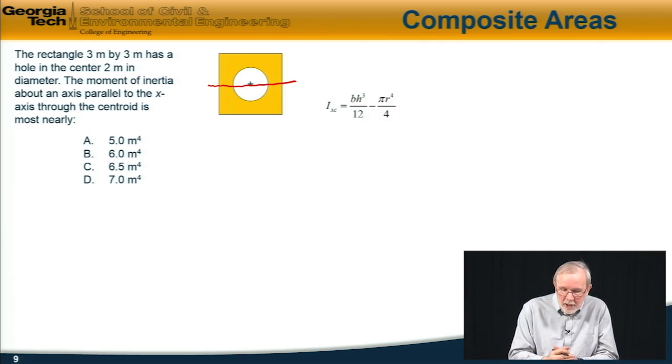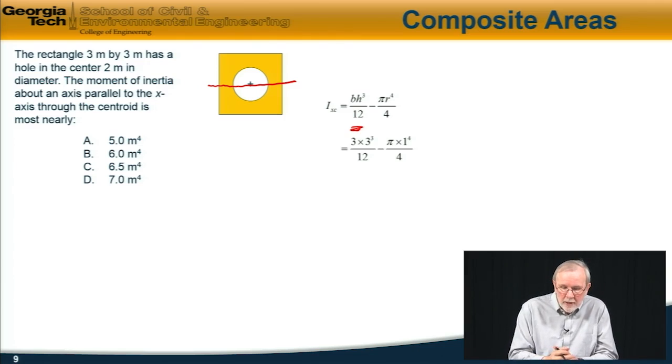So here's our formula. The moment of inertia is equal to the moment of inertia of the rectangle minus the moment of inertia of the hole, which is a circle. The moment of inertia of the rectangle about its centroid is b h cubed over 12. And the moment of inertia of the hole, the circle, from the previous tables is pi r to the fourth over 4.